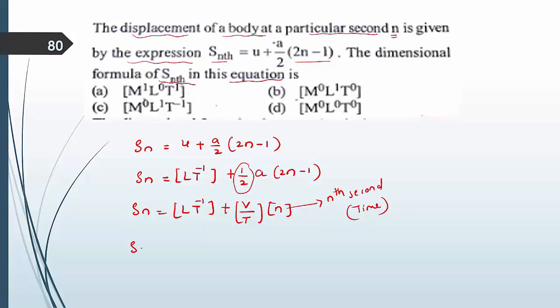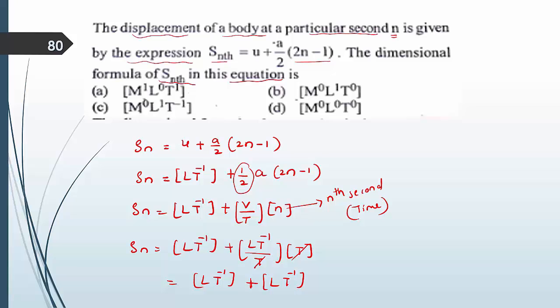So I can write Sn equal to L T raised to minus 1 plus V, velocity, having dimension L T raised to minus 1, divided by T into n, time means T. Right, now here T will get cancelled. We will get the final answer L T raised to minus 1 plus L T raised to minus 1.